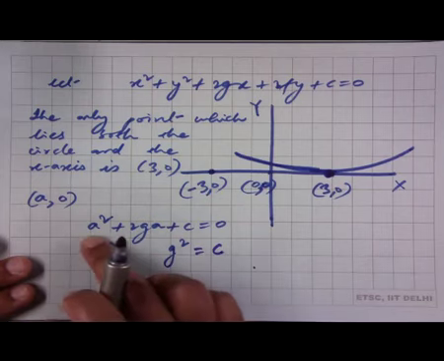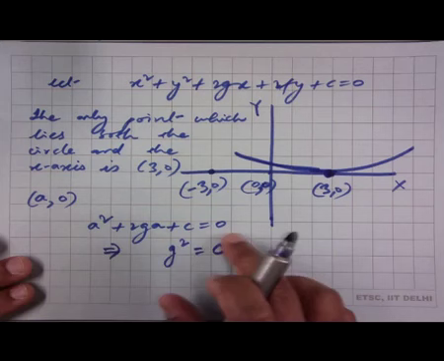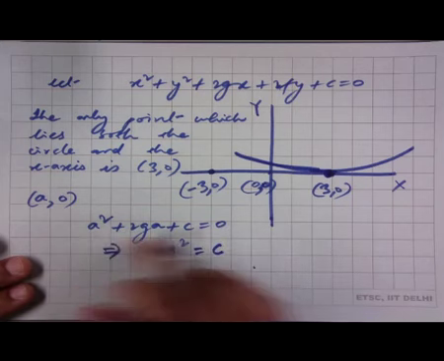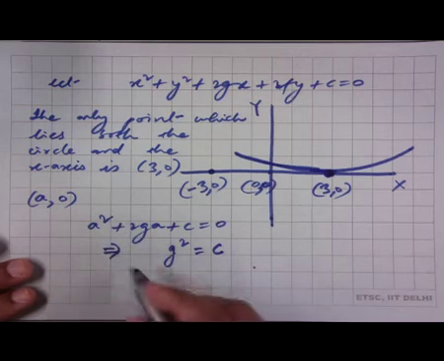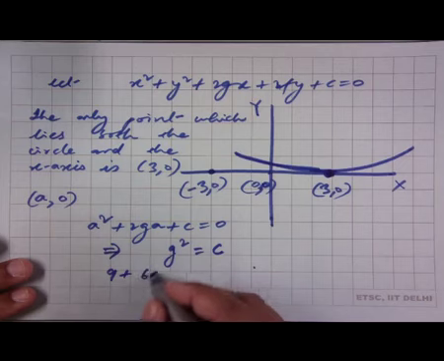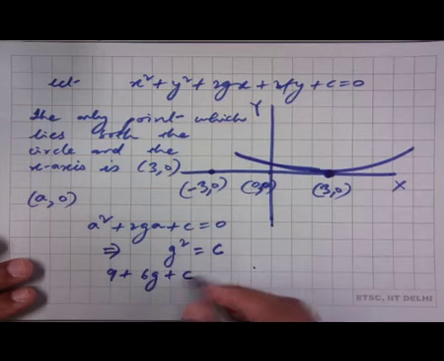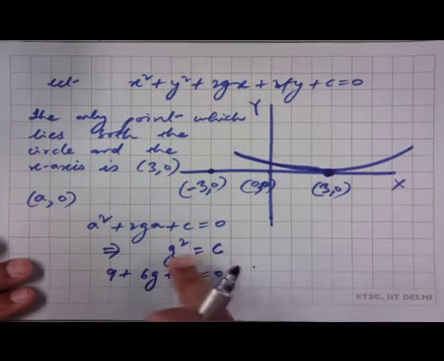Further, since a equal to 3 is the root of this equation, this should be satisfied when we put a equal to 3 here. Then we get 9 plus 6 g plus c equals 0, but c is g square.